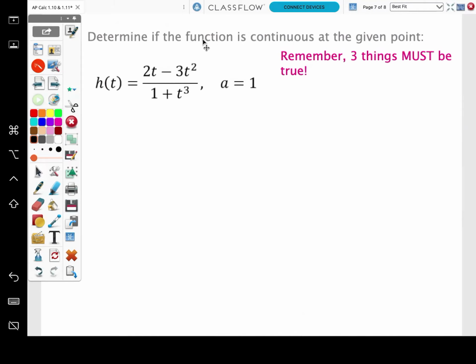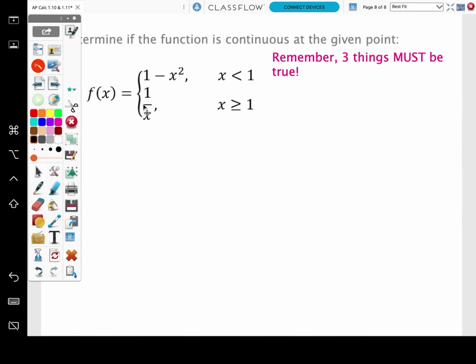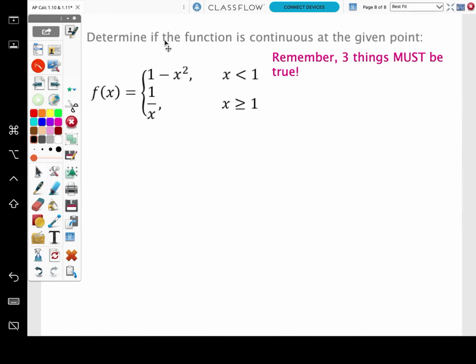See if you can figure out continuity on your own. Okay, and try that one as well. So try these last two. I will upload a completed document so you can check your work. Let me know if you have any questions. Have a good day.